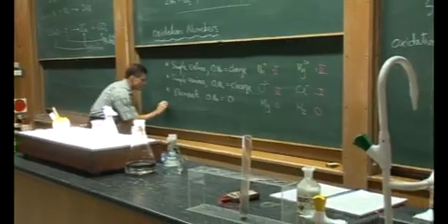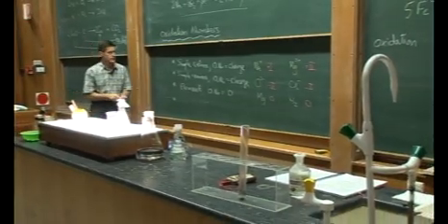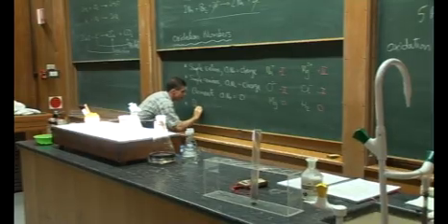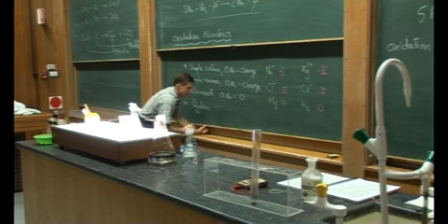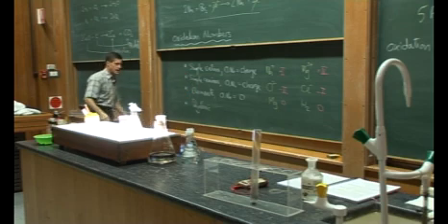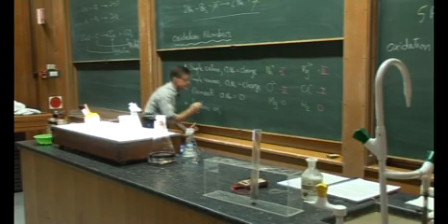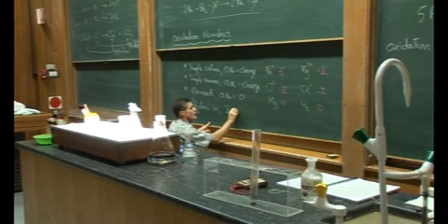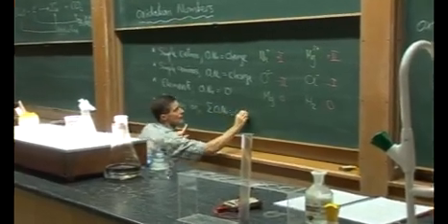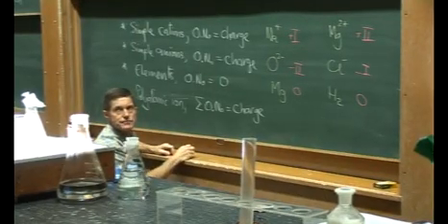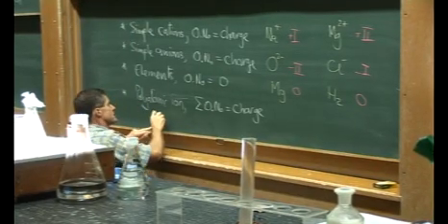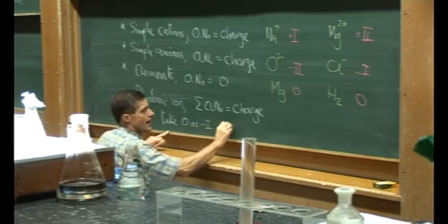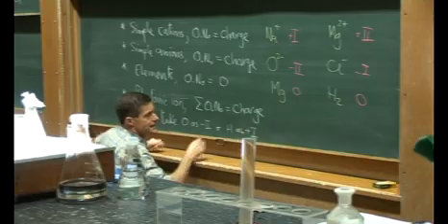And the fourth and final rule says that for a polyatomic ion, we find that the sum of the oxidation numbers equals the charge, and we also, and this is important, take oxygen as -2 and hydrogen as +1.